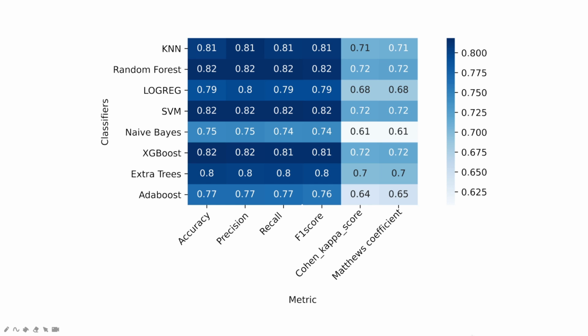So even though in this particular experiment naive Bayes did not perform well, it's not an indication that naive Bayes is a bad classifier. No. These classifiers have their strengths and weaknesses, and that is why it's important to always use several classifiers, and you can look at the one which gives you the best performance and then use that for your other activities. So that is how we use these heat maps to visualize and compare the performance of classifiers.